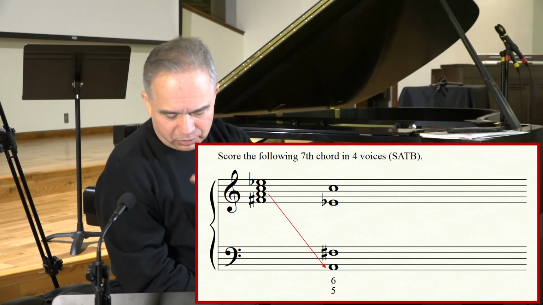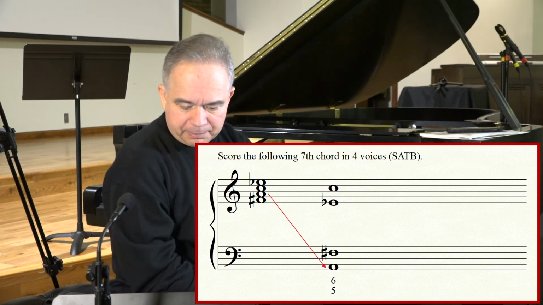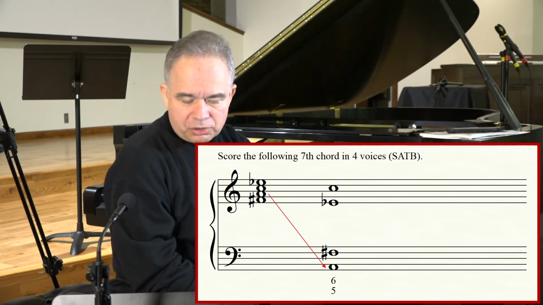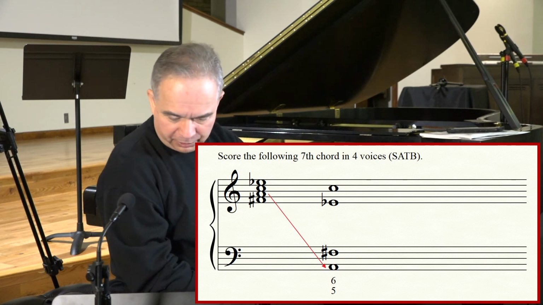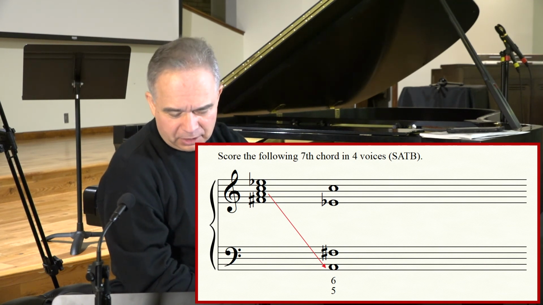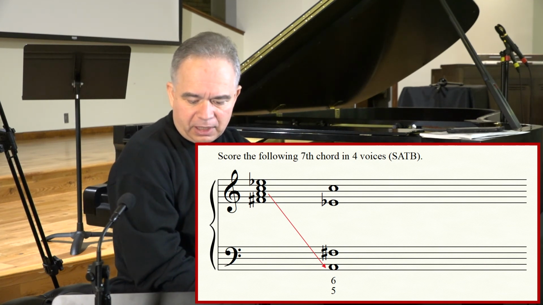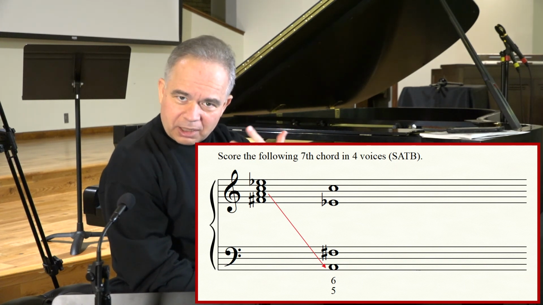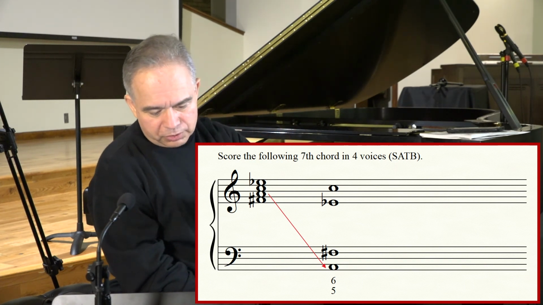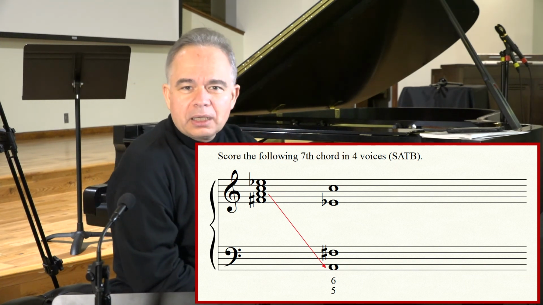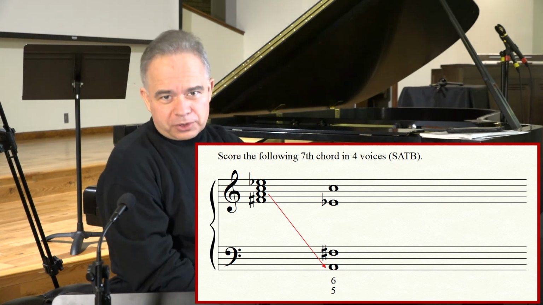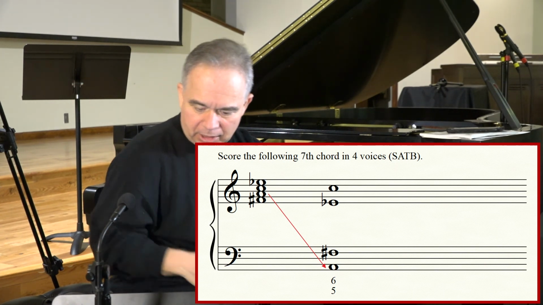It's taken for granted in here, remember? But A to E flat is your 5th. It's not a perfect 5th, but it's still a 5th. That's why 6-5 is the unique combination of numbers that we could use to represent a 7th chord in first inversion. Okay, let's move on.